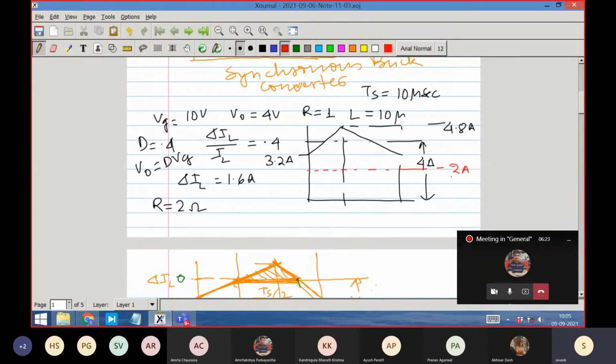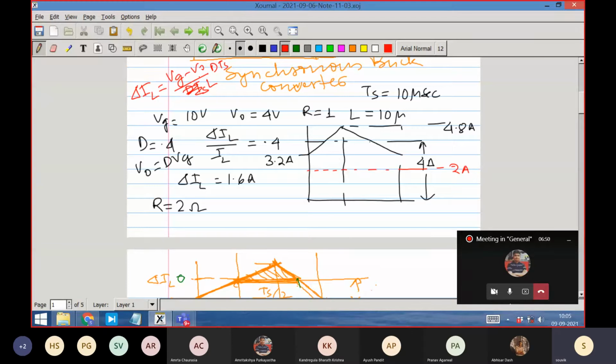What is the basic expression for current ripple? Delta IL during on time is Vg minus V naught, by L, into dTs. That is the current ripple, right? So what is changing in this? Vg is not changing, it is still 10 volt. V naught has not changed because the duty ratio is still 0.4, and L has not changed.